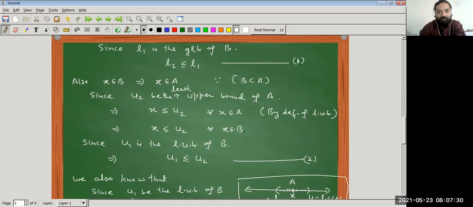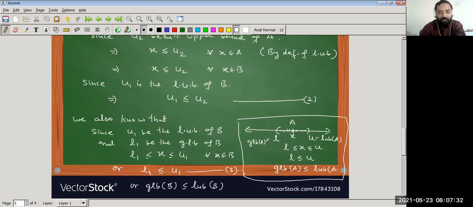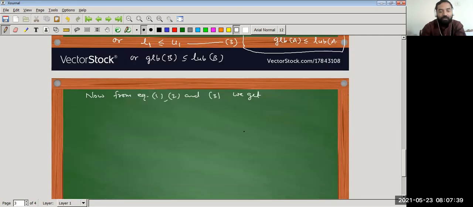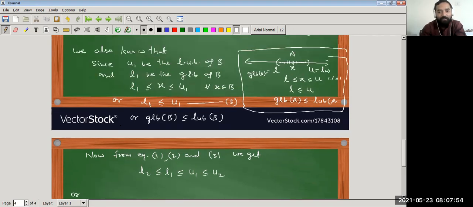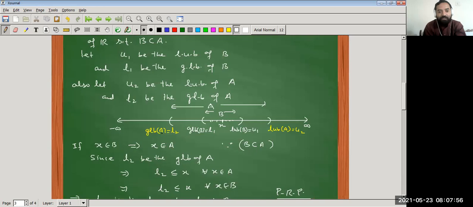L2 इज लेस देन इक्वल टू L1. ओके, L1 इज इक्वेशन नंबर 3 से L1 इज लेस देन इक्वल टू U1, और इक्वेशन नंबर 2 से U1 इज लेस देन इक्वल टू U2. तो इक्वेशन नंबर 1, 2 और 3 को क्लब करें, सो वी गेट L2 इज लेस देन इक्वल टू L1 इज लेस देन इक्वल टू U1 इज लेस देन इक्वल टू U2. और व्हाट इज L2? L2 क्या था, देखो L2 इज GLB ऑफ A, L1 क्या है, GLB ऑफ B, U1 क्या है, LUB ऑफ B, U2 क्या है, LUB ऑफ A.